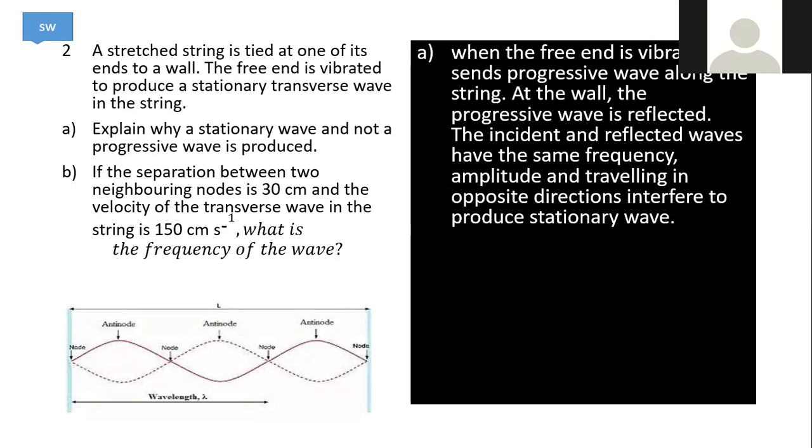If the separation between two neighboring nodes is 30 cm and the velocity of the transverse wave in the string is 150 cm per second, what is the frequency of the wave? Okay. How to find the wavelength? You must know roughly. Imagine how the wave is formed.